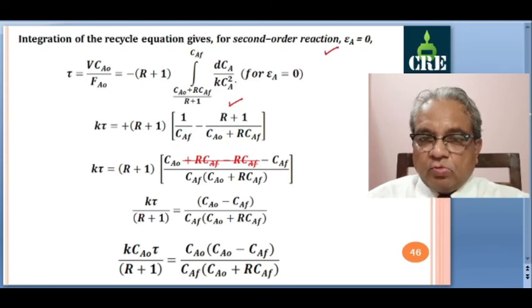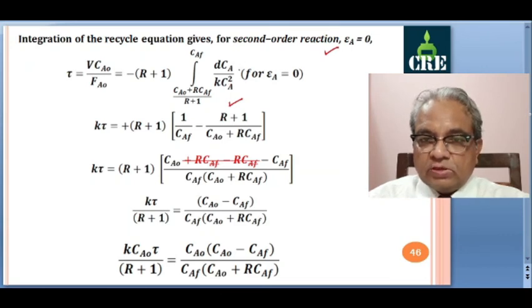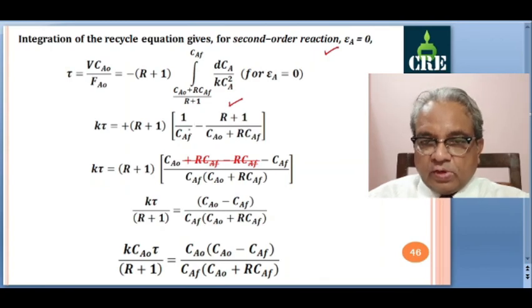So what is the integration of this? CA raised to minus 2 plus 1, that is minus 1, so minus 1 upon CA. That minus sign is there. So this becomes minus minus plus. You can keep the same order of integration, or if you change the order of integration, you have to remember the one extra minus sign coming here because of the integration of minus 1 upon CA.